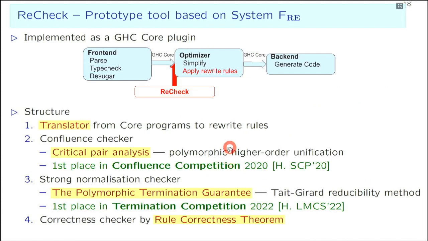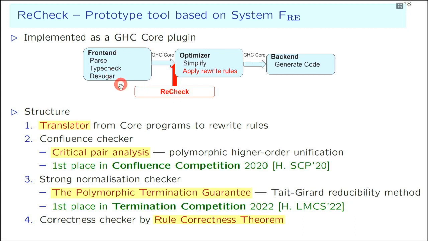And so we have implemented a prototype tool based on system FRE, implemented as a GHC Core plugin. Our tool is called ReCheck.